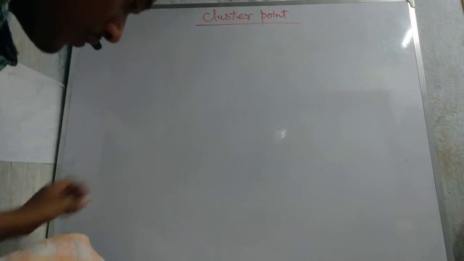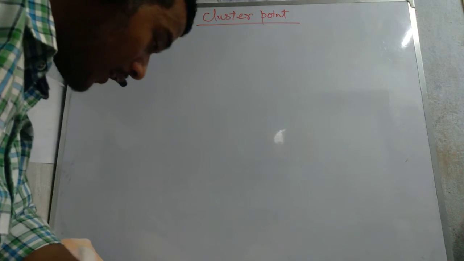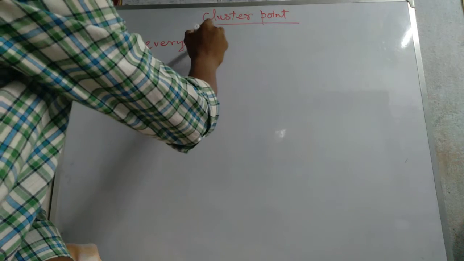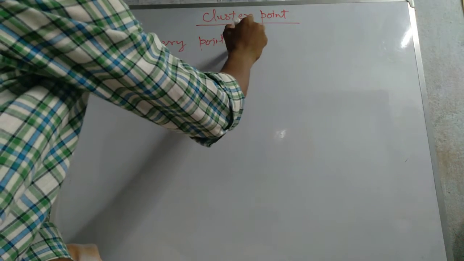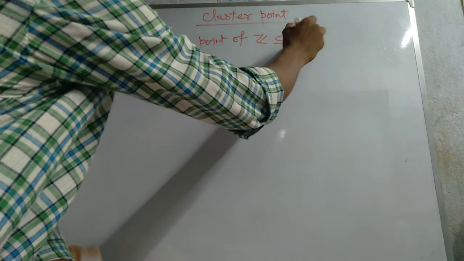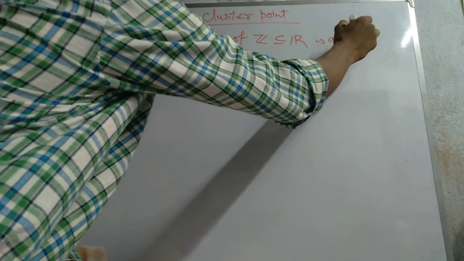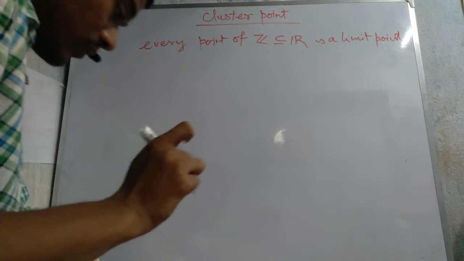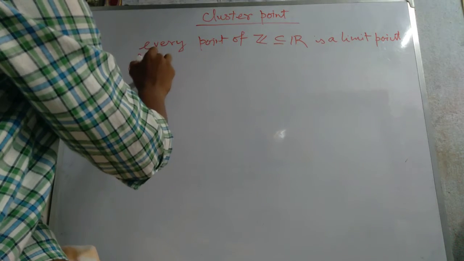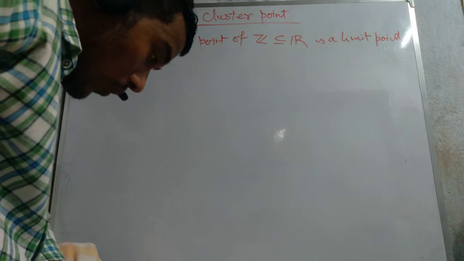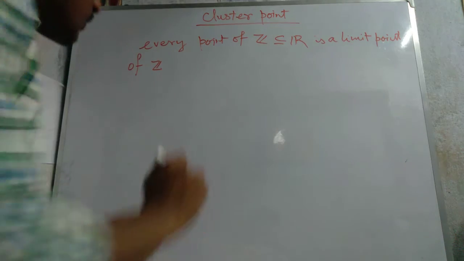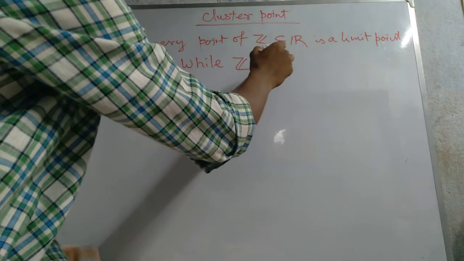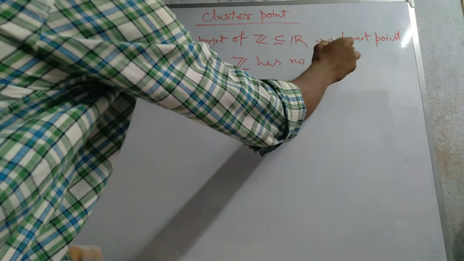Every point of Z, a subset of R, is a limit point of Z, while Z has no cluster point.